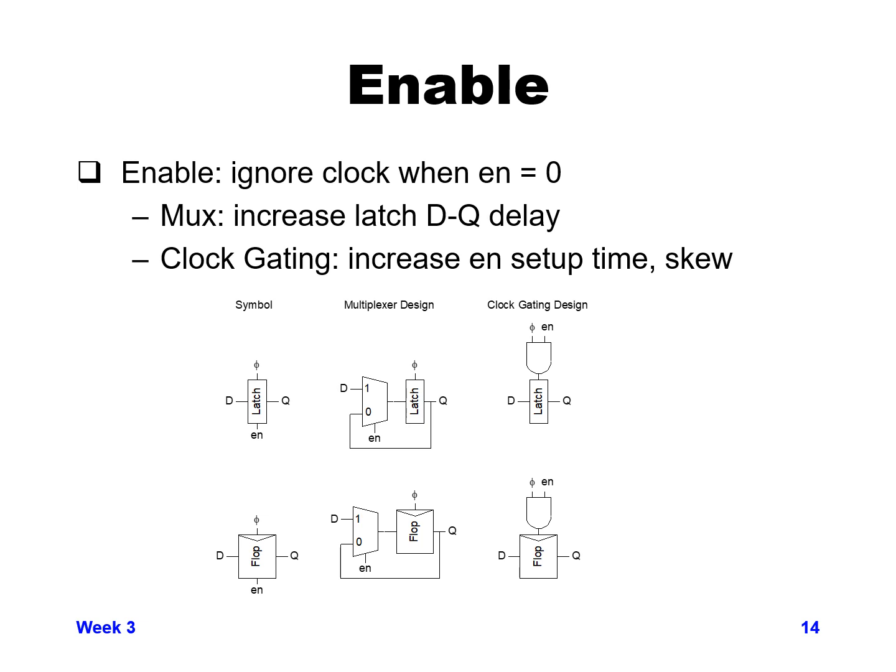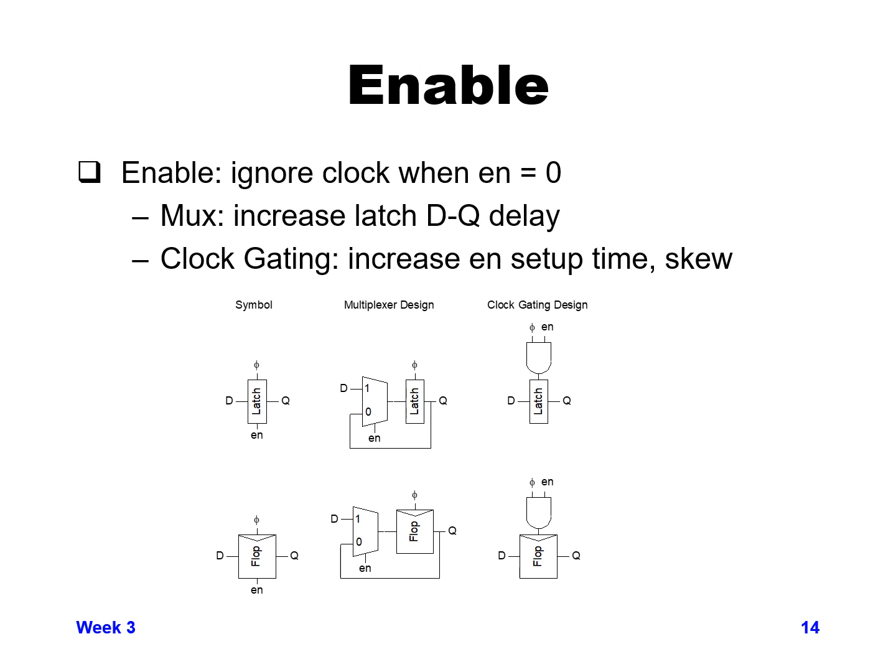For the flop, the input to the flop will always stay low, so you'll never see a transition from 0 to 1, and the flop will keep the same value. And only if enable is 1 will the output of the AND gate just follow the value of clock, and then the latch and flop will behave as normal.